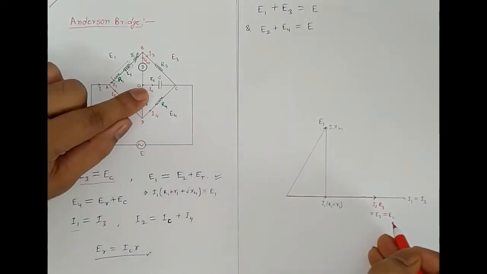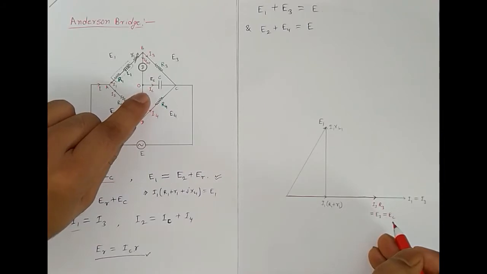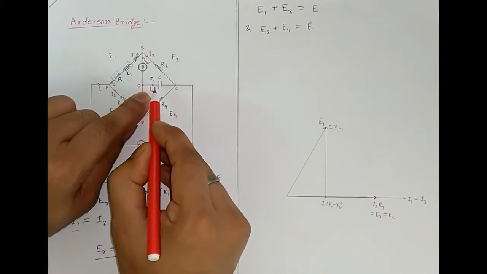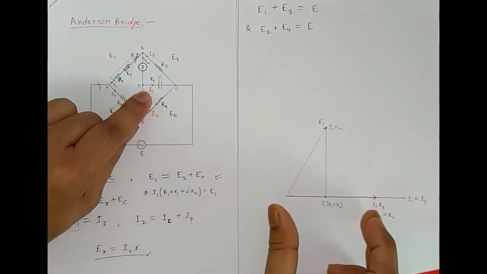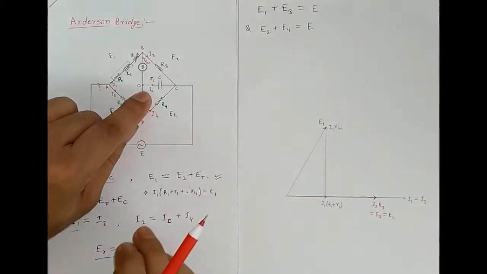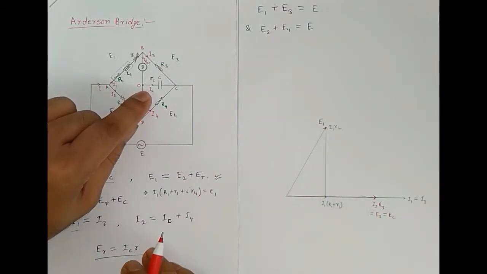So if this is EC, then the current IC will be in which direction? Because there is only a capacitor in this path. If EC is on the x-axis, then obviously current will lead in the purely capacitive network, 90 degrees upward.